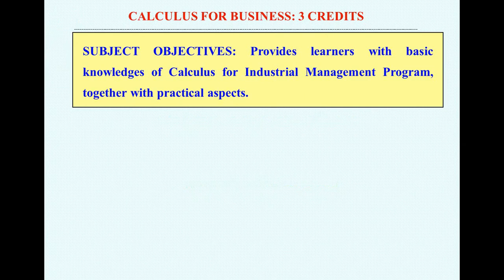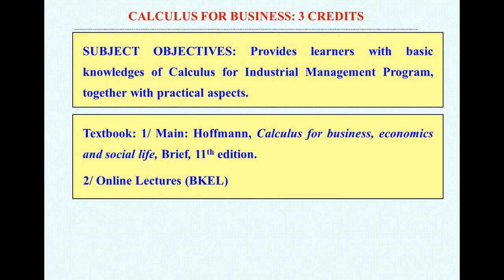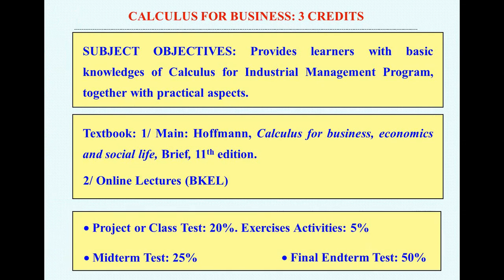Calculus for business has 3 credits. You can read the subject objective, the textbook, and the way to finalize the score in my slide. In more detail, the final score will consist of 3 columns.